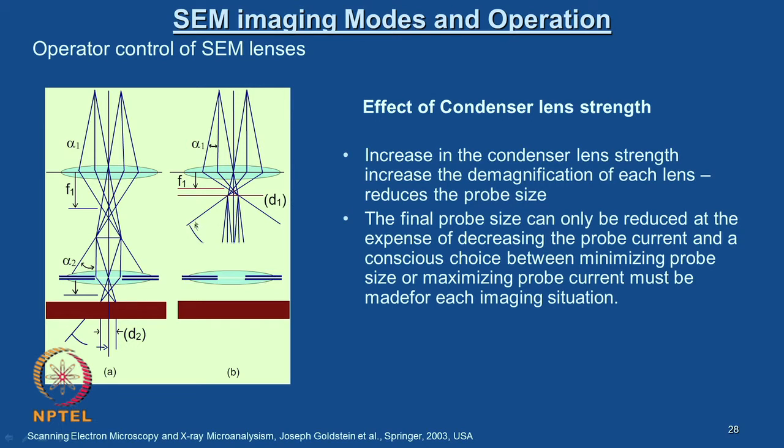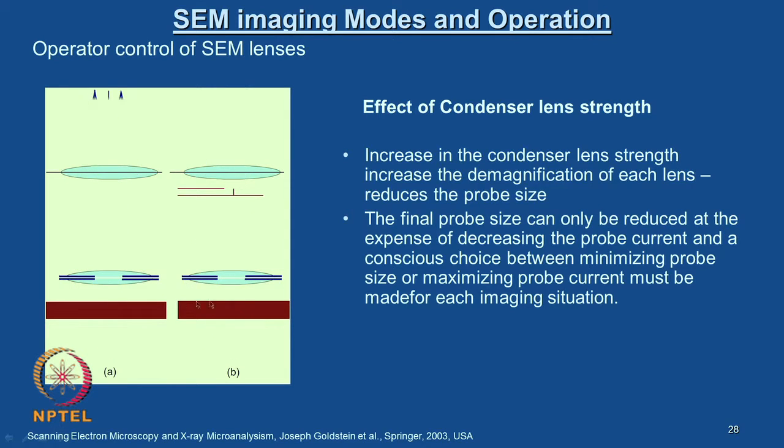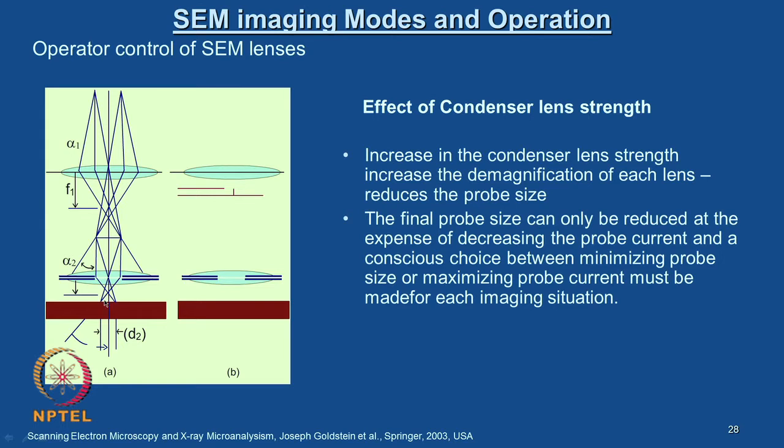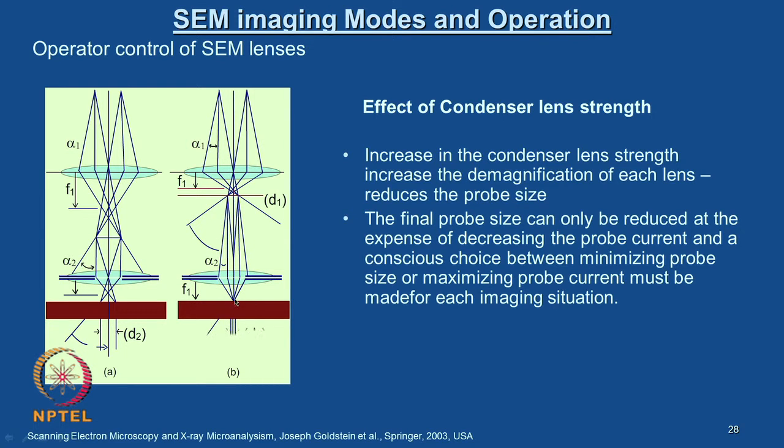The first schematic is for a given field strength. If you increase it further, you can see that the final probe size is reduced. You can see this is the initial probe size for a given field strength, but if you increase it from that, there is a control of the probe diameter.